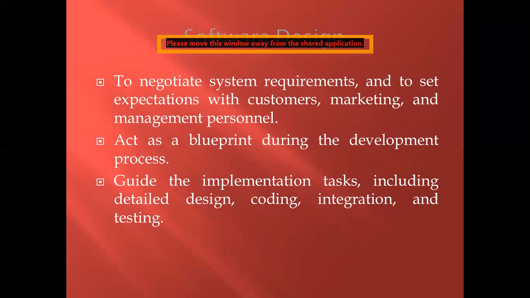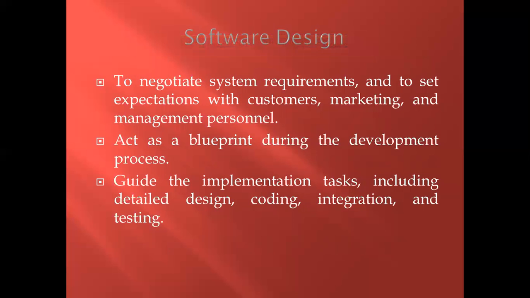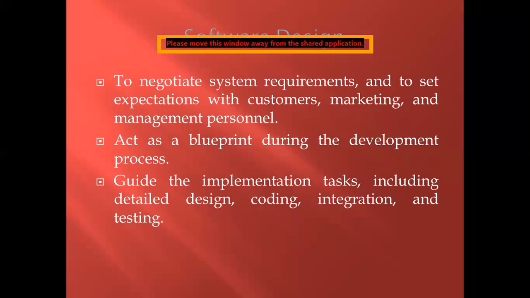Here we are studying only a little bit about the software design, because we are not emphasizing different methodologies related to the software design. So what is this? To negotiate system requirements. Whenever we are going to design any software, we must be aware of the system requirement, what the requirement of the system is.